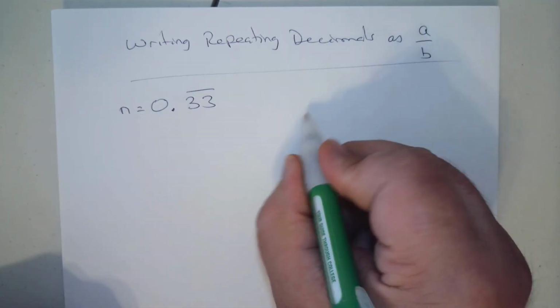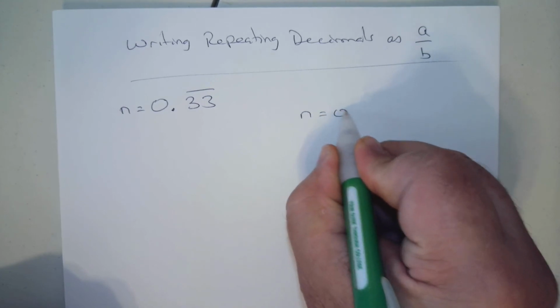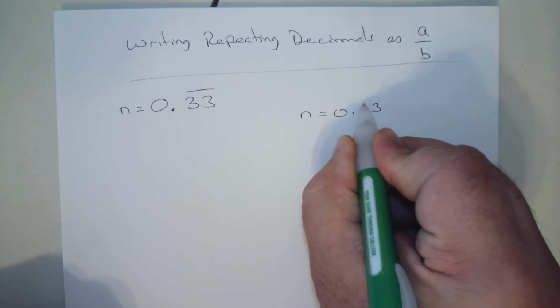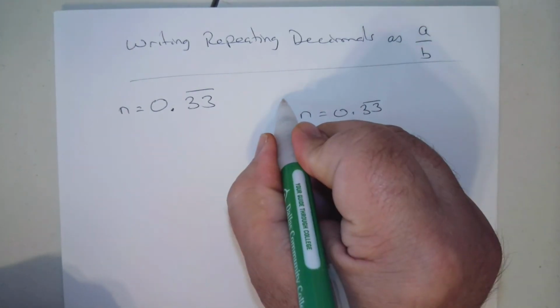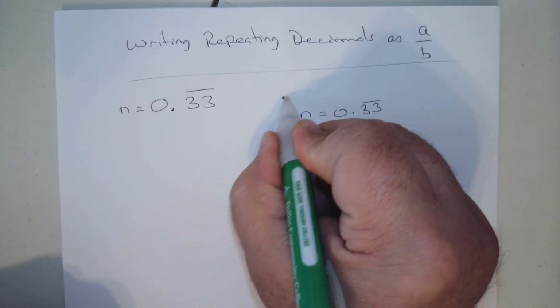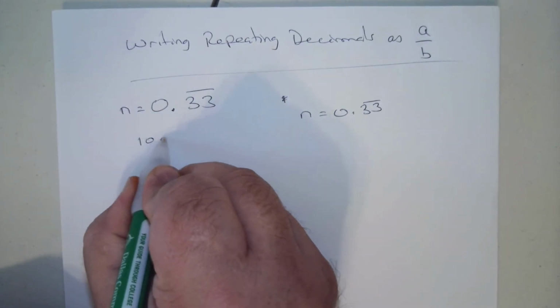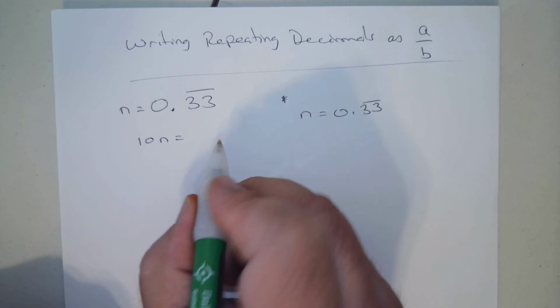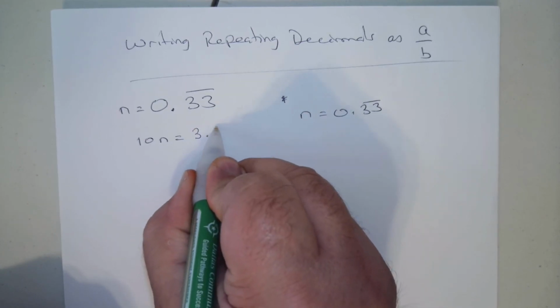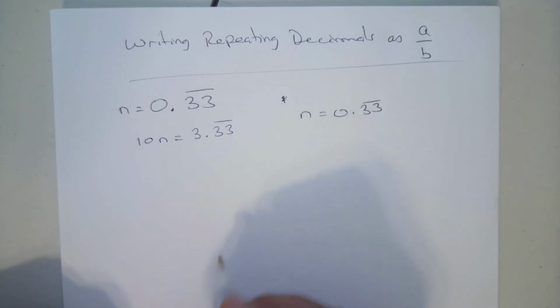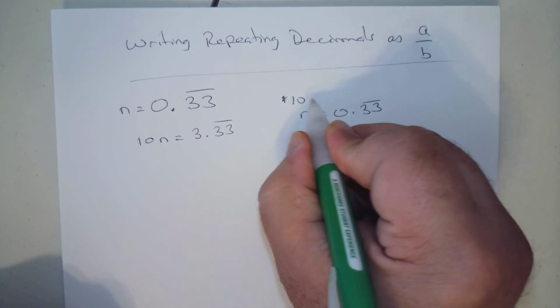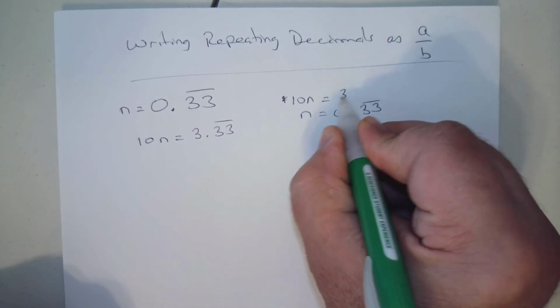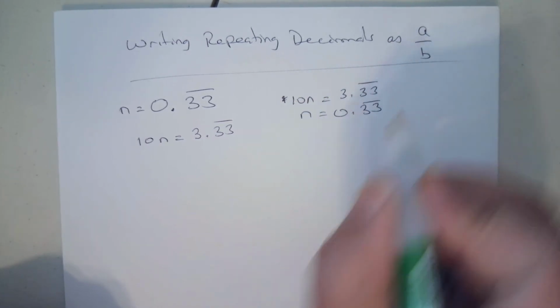Since I know that n is 0.33 and it's repeating, if I multiply this by 10, then I'll get 3.33.